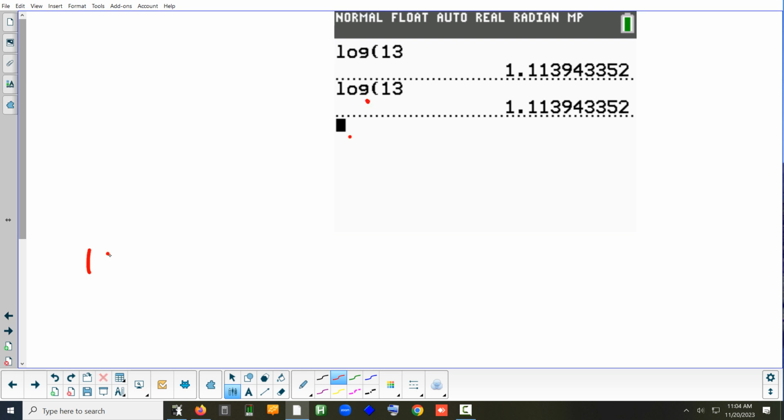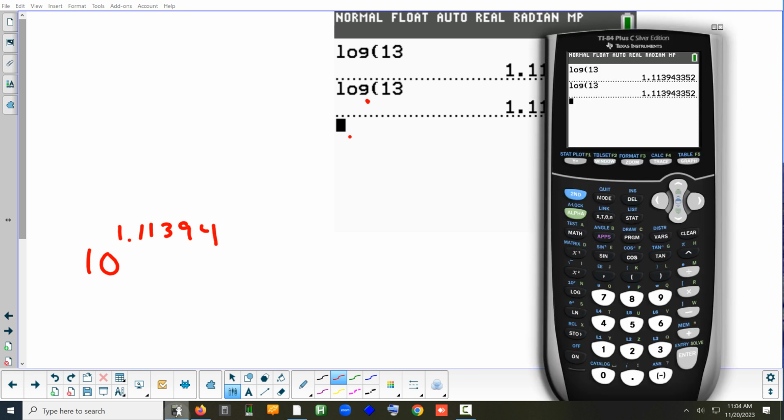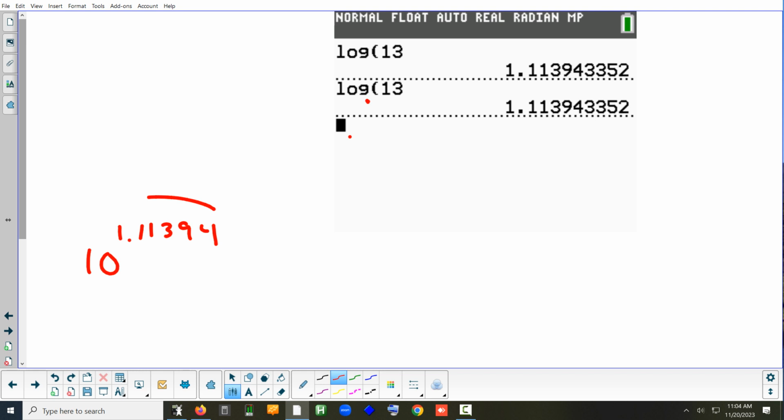Watch what happens if you take 10 and raise it to the 1.1139 power. Anybody have a guess what you're going to get? 13. Yeah, you're going to get about 13. So you just solved for what power you raise the base to in order to get the argument. That's what a logarithm is.